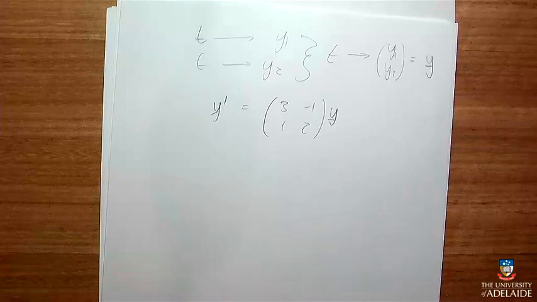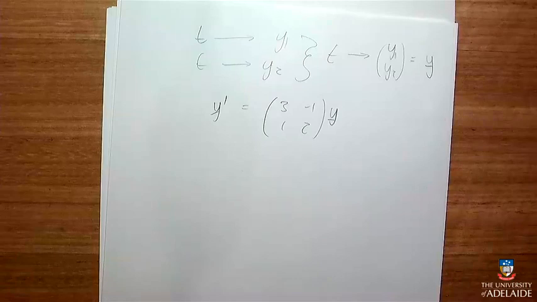So what we need to do is figure out what sorts of functions will do this. What sorts of functions is the derivative the same as multiplying by this matrix? Back in Maths 1A and Maths 1B, we asked what sort of vectors is multiplying by a matrix the same as multiplying by a number? Well, it's the same concept here. What sort of functions is multiplying by the matrix the same as doing the derivative?